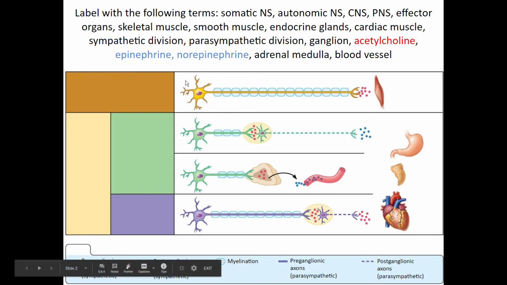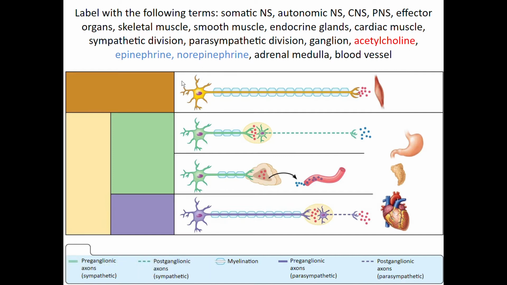These neurons all have their cell bodies in the gray matter of the spinal cord. And then here you can see that this neuron sends out an axon or an axonal projection into this ganglion.